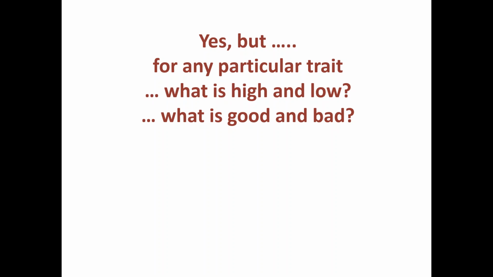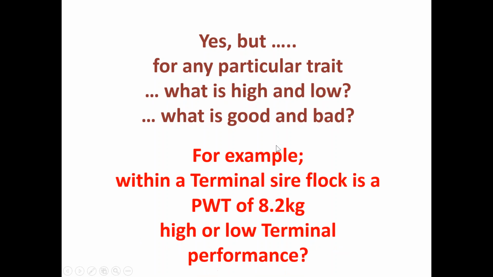We've covered that they're pluses and minuses, but over and above that, there's still the size of the number: is that number against that ram a big number or a small number, a high performer or a good performer? We need to get our heads around that. So I'm just going to work through a couple of little examples to try and cover that.